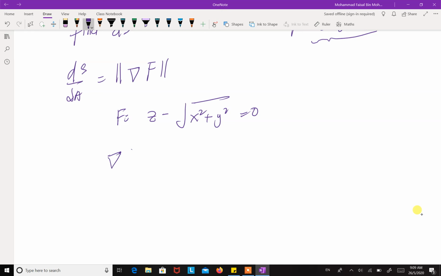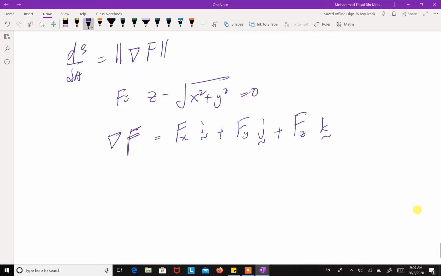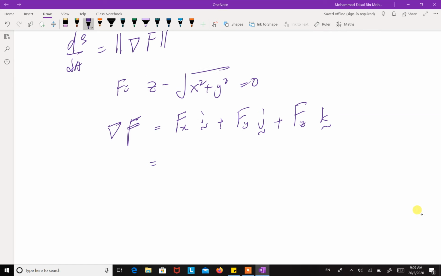So del f or gradient f will be fx i plus fy j plus fz k. So your del f will be equal to, if you differentiate with respect to x, you will have half, and then x squared plus y squared plus y squared. So half bring down, and then we minus 1 will have negative half. Differentiate inside with respect to x will be 2x, and the whole thing will be under the i component.